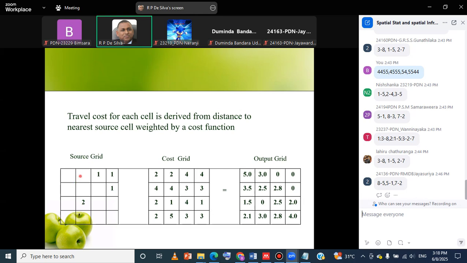Because if this cell, instead of value 2, has a value of 50, it is not worth going to that. It is worth going here and crossing it to this point. So now the source you target may be different depending on the cost.